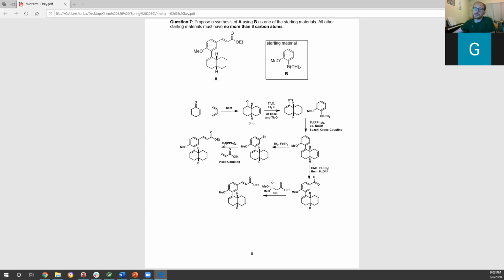I need to pick which screen I want to do. There were a lot of examples of people attempting to do Diels-Alders with substrates that look like this plus this.